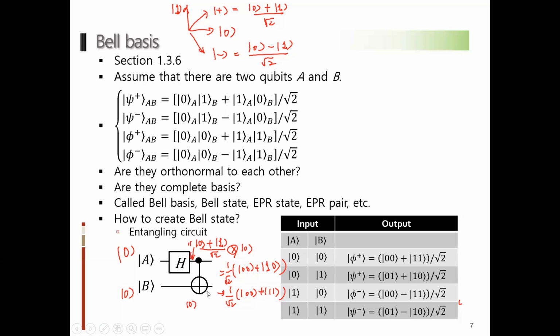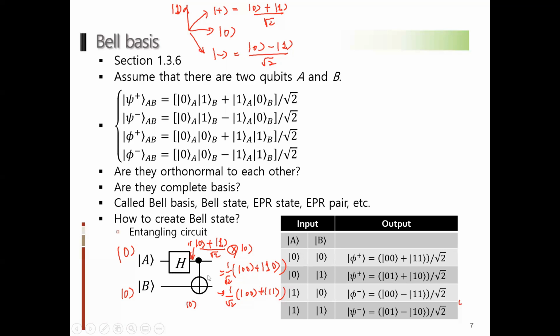And the most important property of a unitary operation is that it is reversible. So instead of applying the gates in this order, if we apply them in the other order, then it is a reverse process.